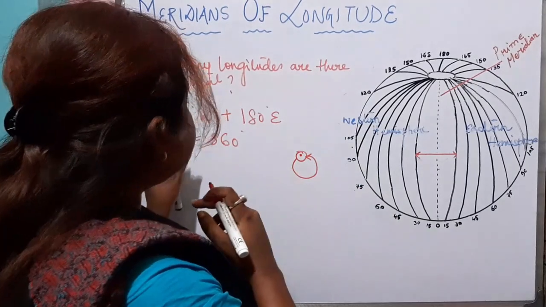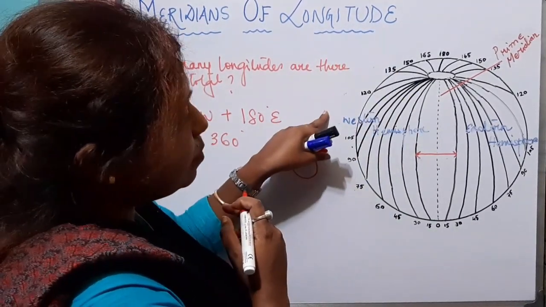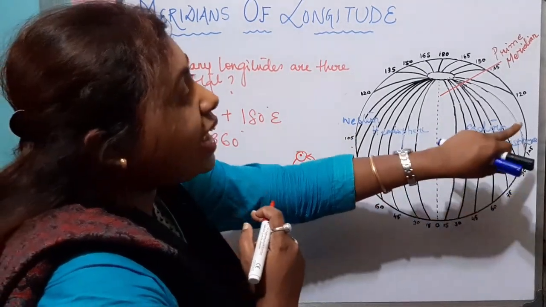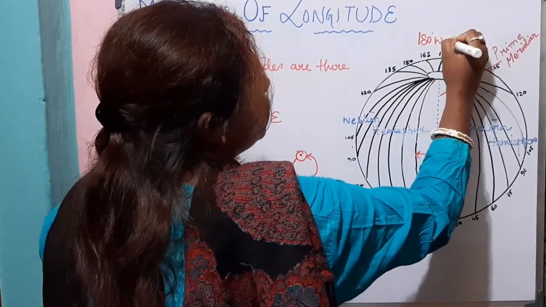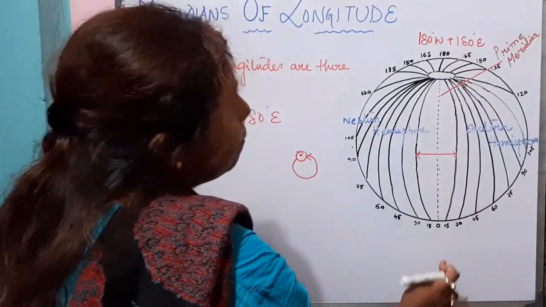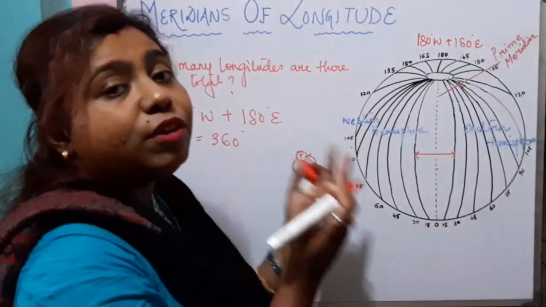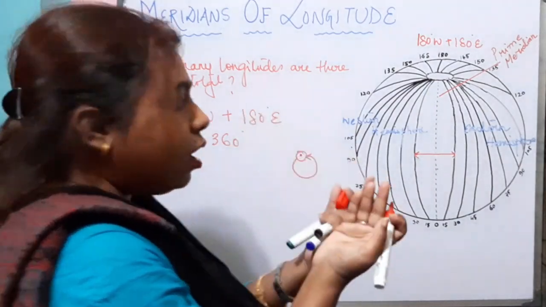Like we are saying that there are 180-degree west longitudes in the western hemisphere and 180-degree east longitudes in the eastern hemisphere. They will come, they will meet, and they will form a single line because of the shape of the earth.